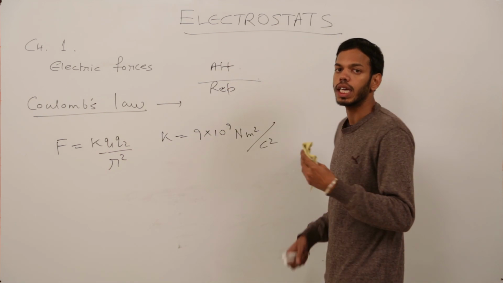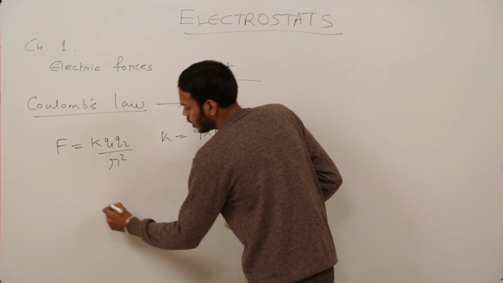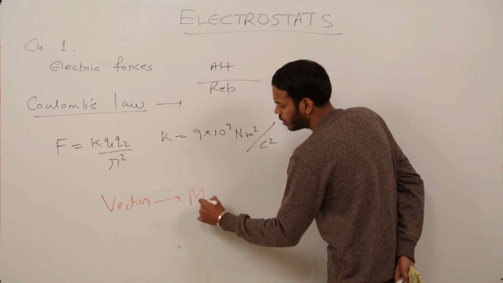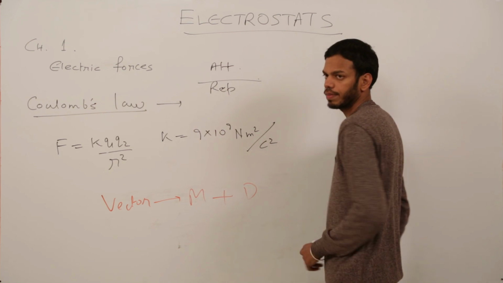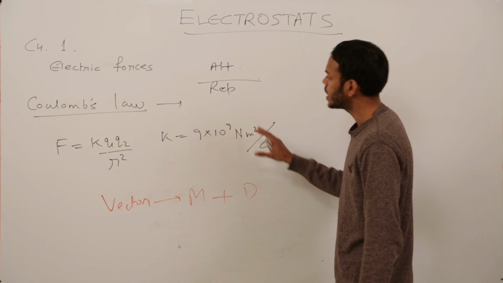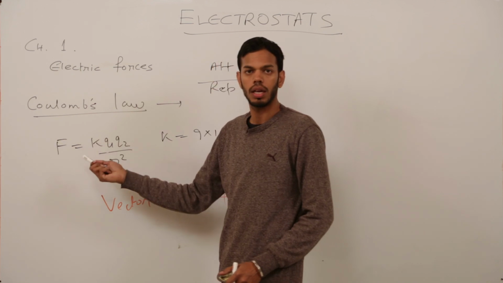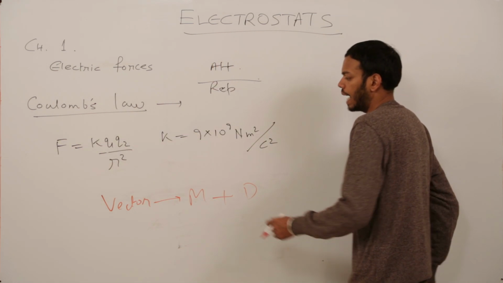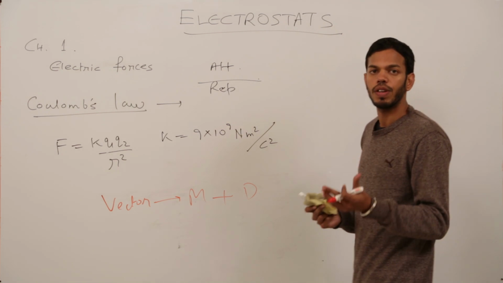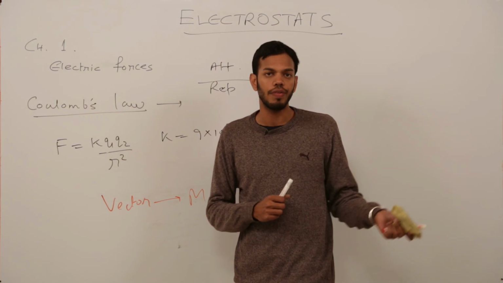All of us know that a vector is made up of two things, magnitude as well as direction. Now, if I have to write Coulomb's law in vector form, I have already given you the magnitude through this formula. I will give you the direction as well in the statement, and accordingly the statement will change. Do not confuse Coulomb's law and Coulomb's law in vector form.